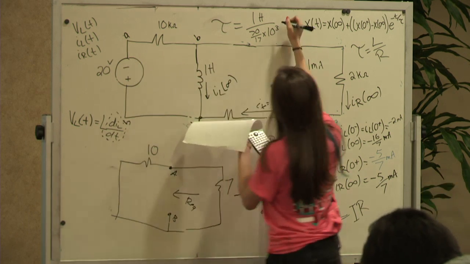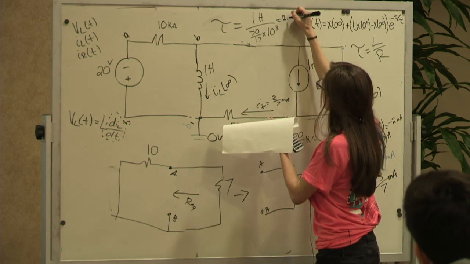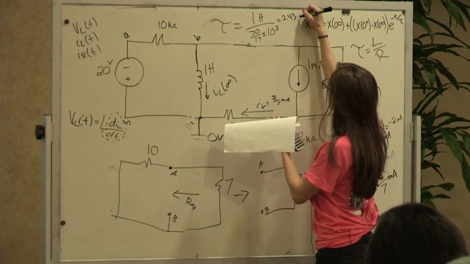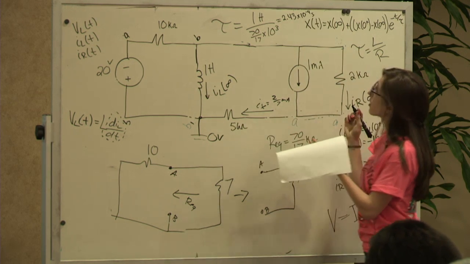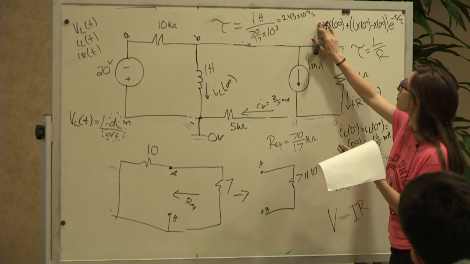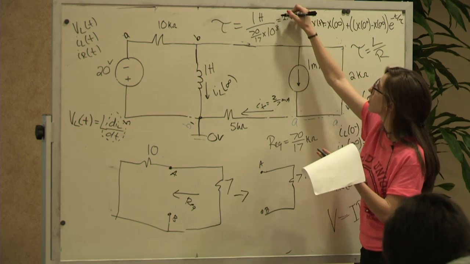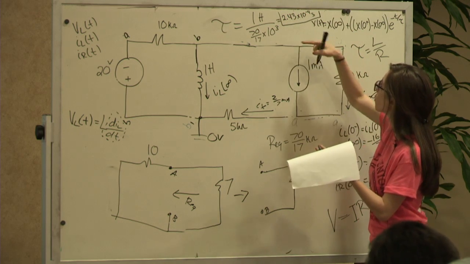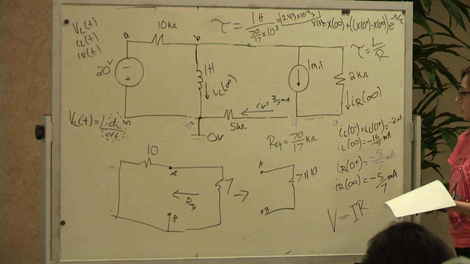It's like 2.43 times 10 to the negative 4 seconds. So the answer for tau is 2.43 times 10 to the negative 4 seconds.